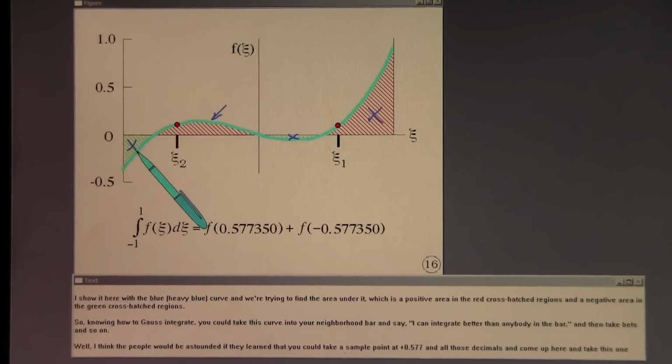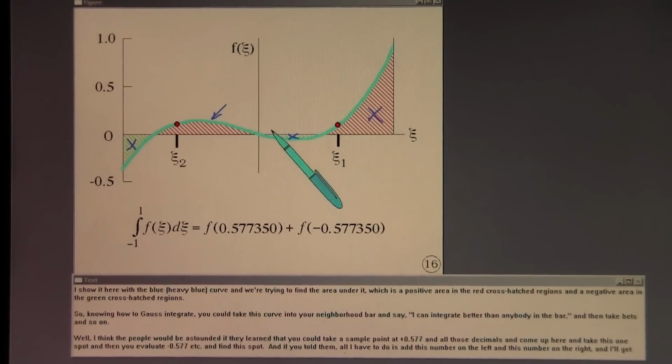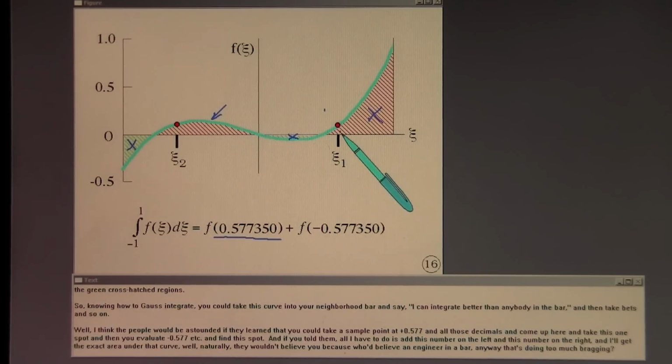So, knowing how to Gauss integrate, you could take this curve into your neighborhood bar and say, I can integrate better than anybody in the bar, and then take bets and so on. Well, I think the people would be astounded if they learned that you could take a sample point at plus 0.577 and all those decimals and come up here and take this one spot, and then you evaluate at minus 0.577, etc., and find this spot.